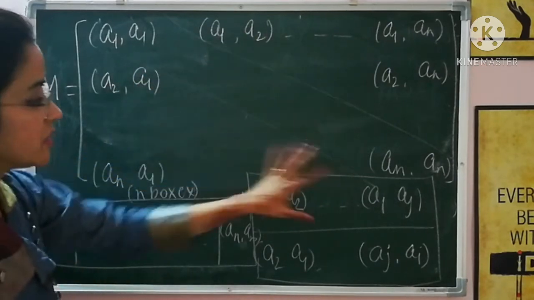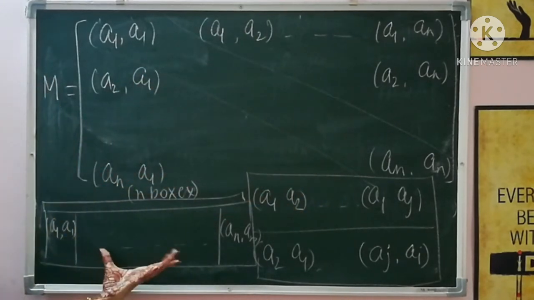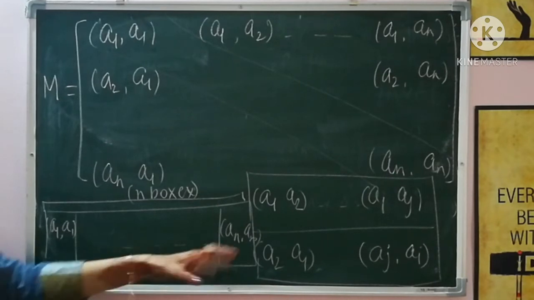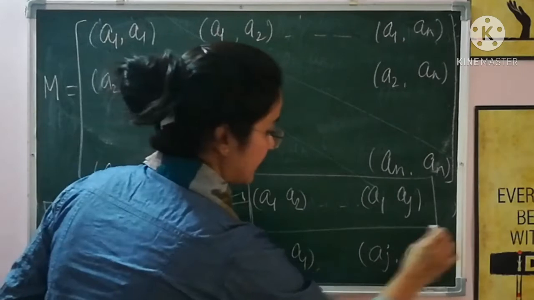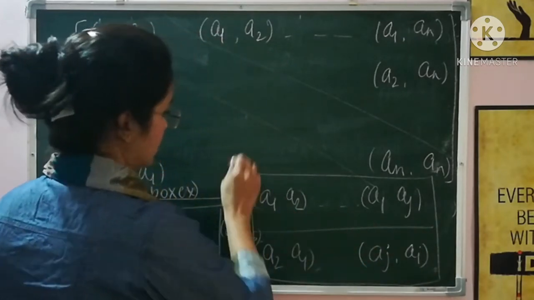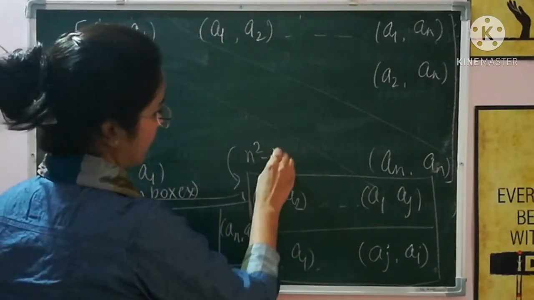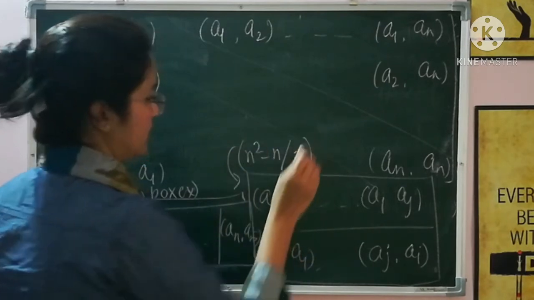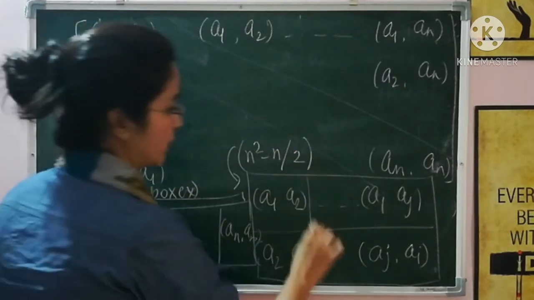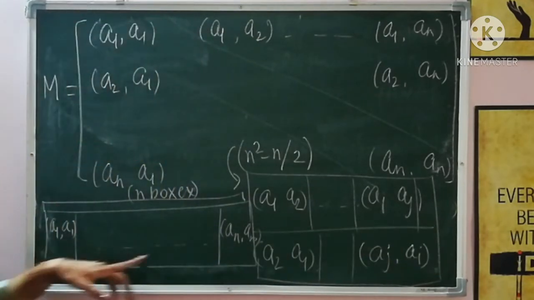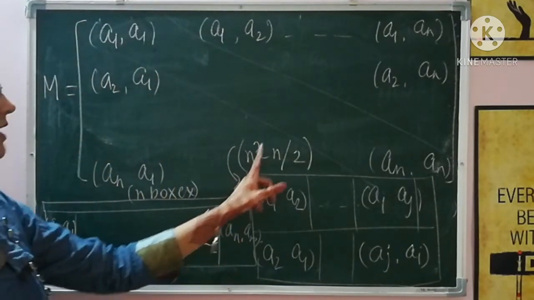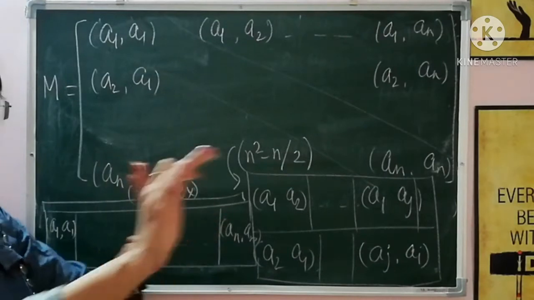Now the total number of elements is n square. I have already counted the diagonal ones, which will be n. What I am left with is n square minus n, and I have divided this portion into two parts, so I have n square minus n by 2 different boxes. In total I have n plus 2 times n square minus n by 2, that means n square elements.